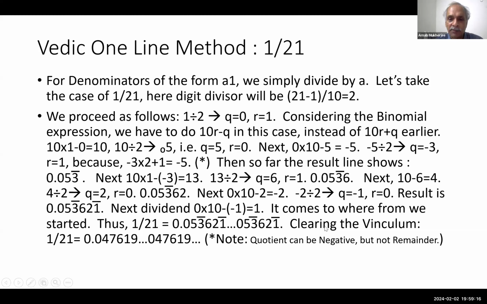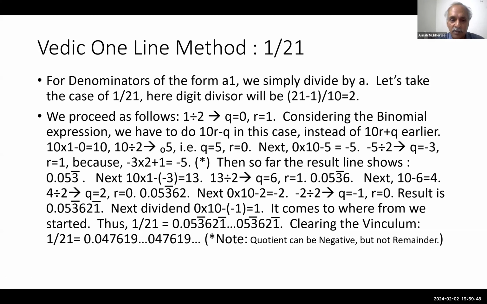So if we clear the vinculum, it becomes like this: 0.047619. It has a repeating decimal with cycle length 6. Clear? Yeah.